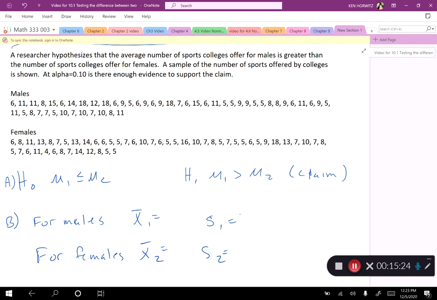So why don't you pause the video and go through and calculate the average. Now here's the key. You have 50 numbers here, so N1 equals 50. N2 equals 50. You're going to get that just by counting up the number of numbers. It's key that you don't miss a number when you're doing your average or your standard deviation. That will definitely throw you off.